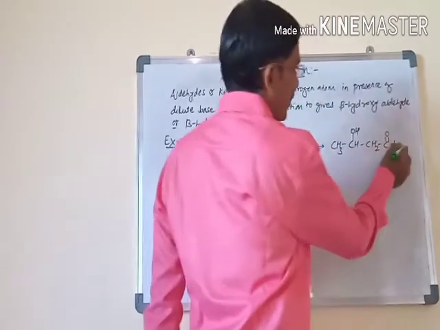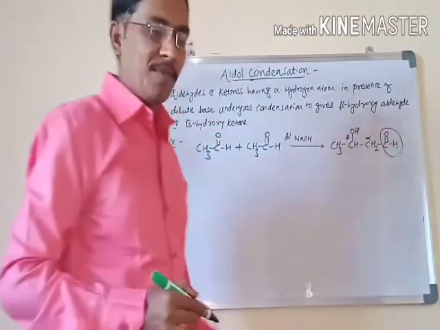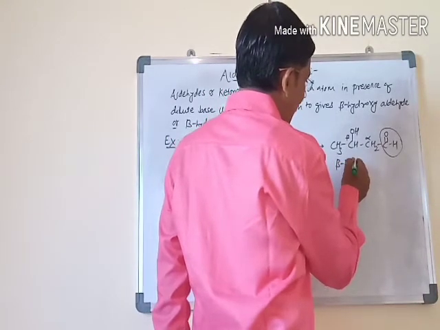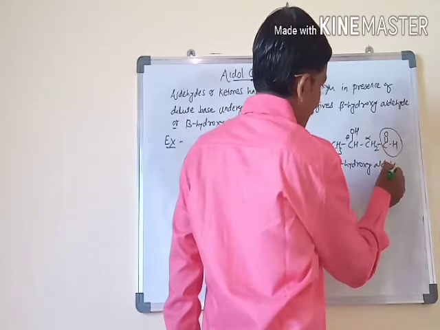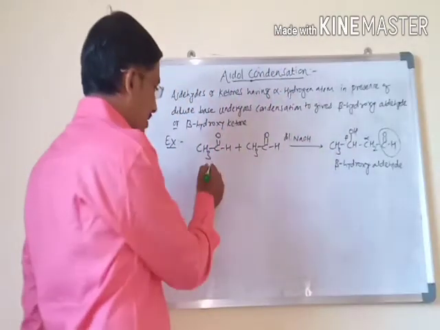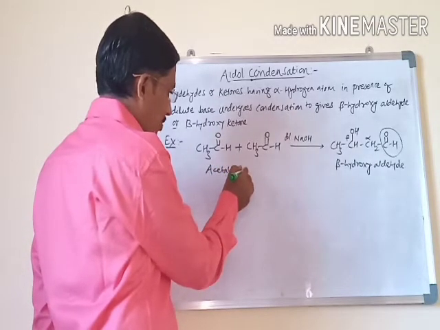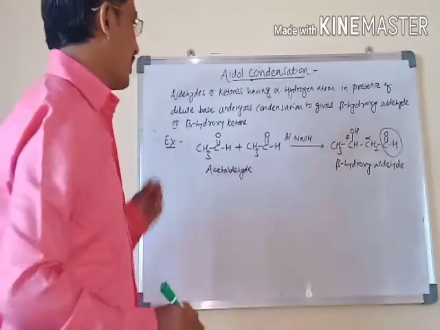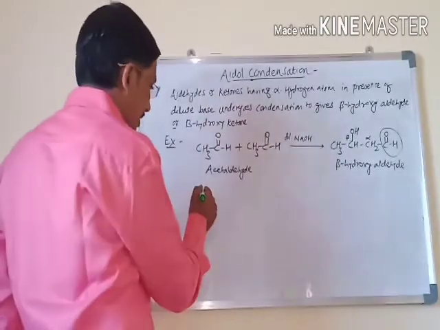This is our functional group, this is the alpha carbon and this is the beta. On the beta carbon there is a hydroxy group, hence it is known as a beta hydroxy aldehyde. It is an aldol. When the same molecules of acetaldehyde undergo condensation, it is known as self condensation, or the simple aldol condensation.